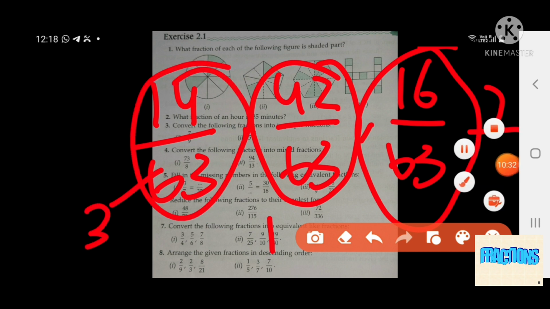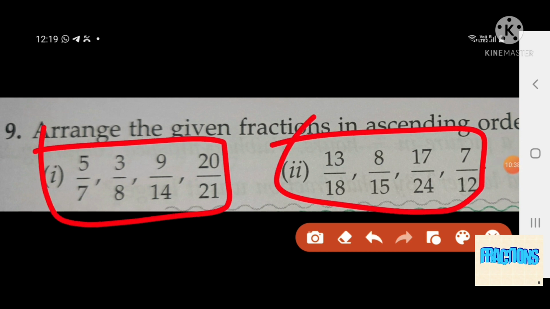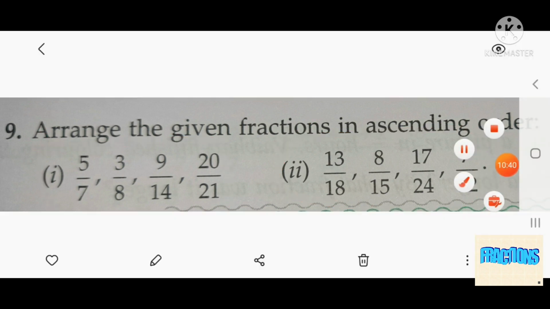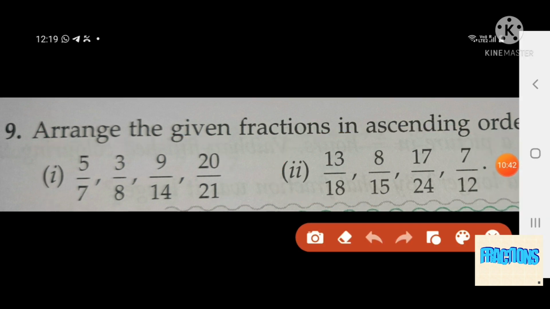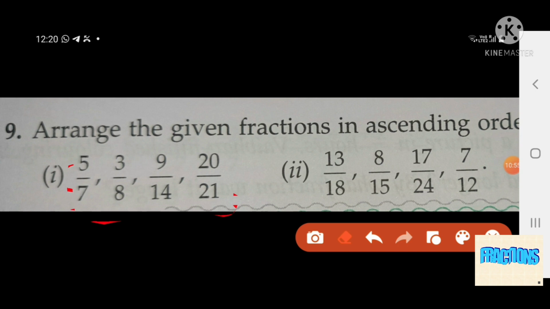Okay, now let's do the last one. This is the last one, and this you have to do by yourself. So let's begin. We have to arrange it in descending order, in like fractions. So its LCM is 168. Okay, now let's multiply it.